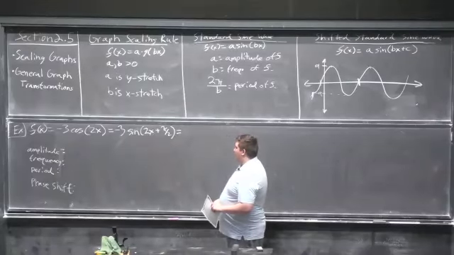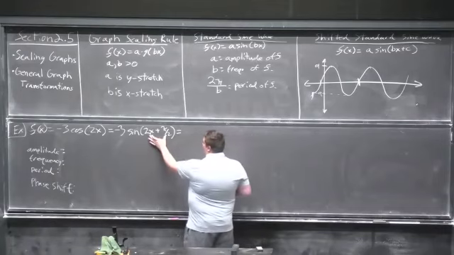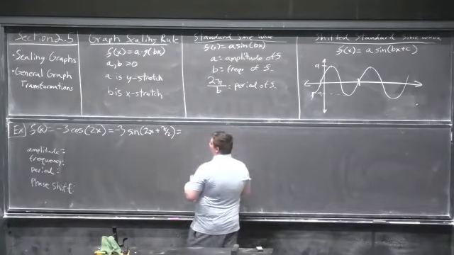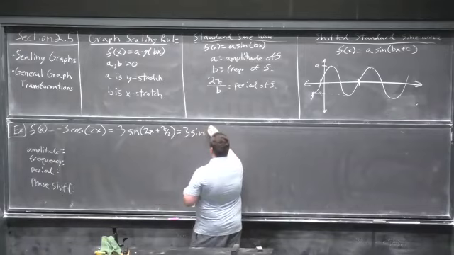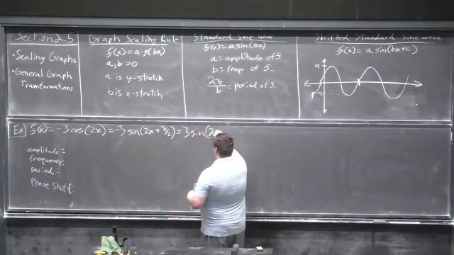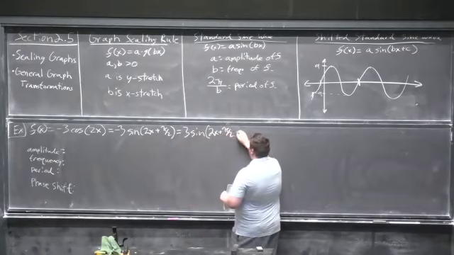And so I can just basically take this angle and subtract pi from it. And so I would get 3 sine of the same angle, 2x plus pi over 2 minus pi.